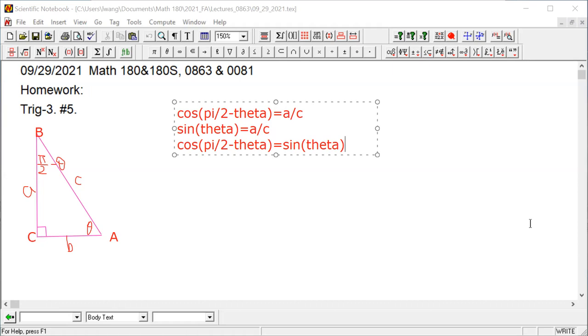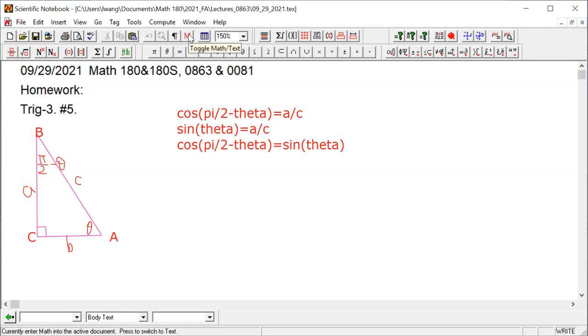Okay. But you cannot use pi over 6. Yeah. Okay. If you do that way, it will be fine. Okay. So let me show you. I think what you can do is that you can do cosine of pi over 2 minus theta, right?